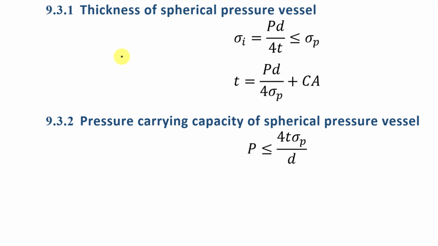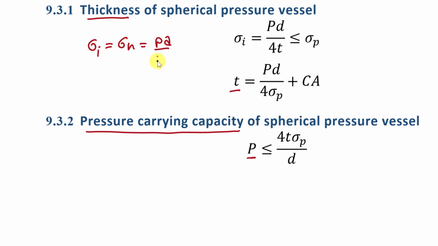Now we are going to discuss how to find thickness and pressure carrying capacity of spherical pressure vessel. We can follow same method to find out thickness and pressure carrying capacity as discussed for cylindrical pressure vessel. Fine. For the spherical pressure vessel, you have to take sigma induced is equal to hoop stress is equal to PD by 4t. So it will be PD by 4t less than or equal to sigma P, that is permissible stress.